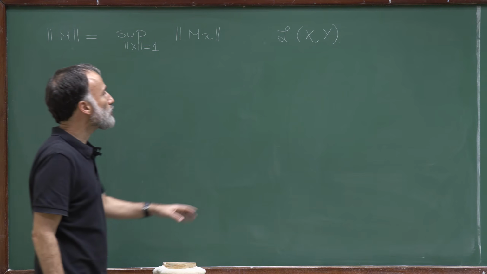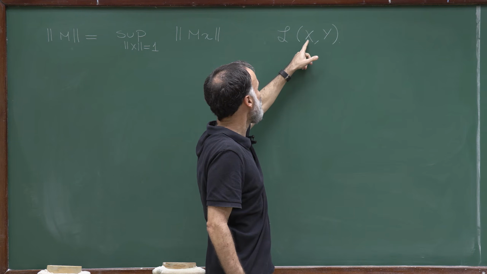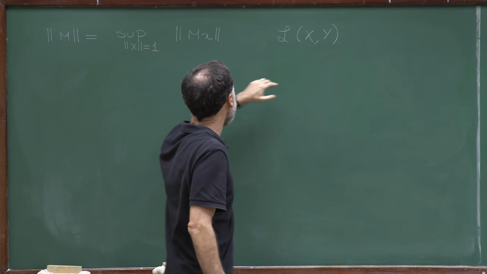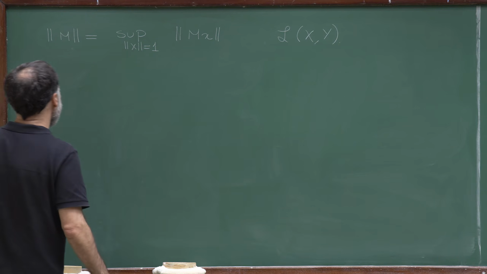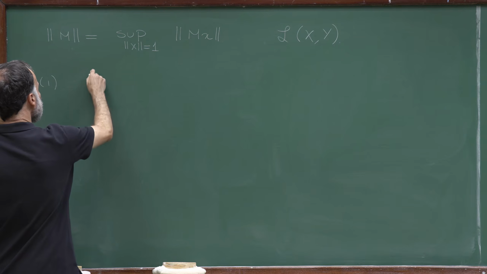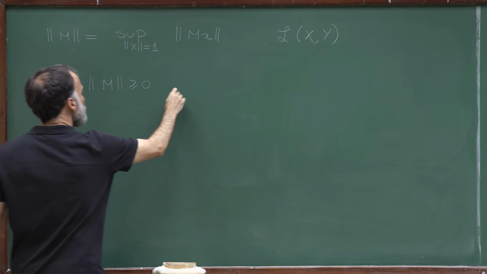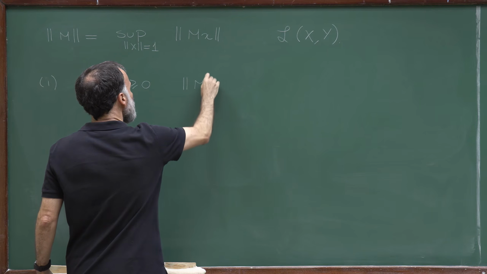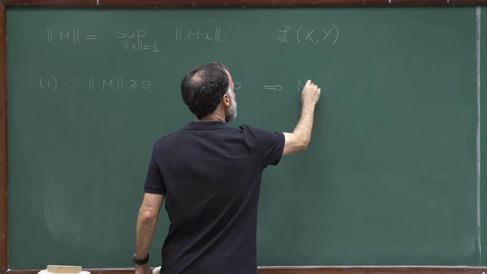So now I have two Banach spaces X and Y. L is the linear space of bounded linear operators from X to Y. I want to prove that this is a norm in L(X,Y). So to prove that it's a norm, I have to show that the norm is always non-negative, and that if it's equal to 0, then M is equal to 0.